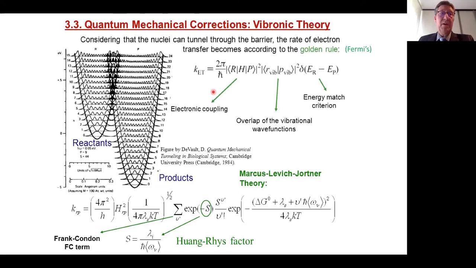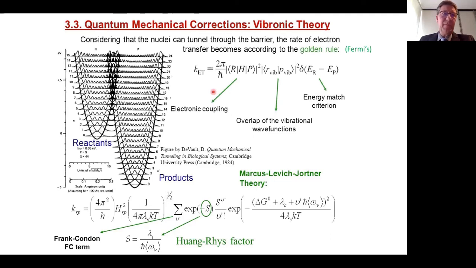So Fermi's golden rule tells us that the rate is the product of an electronic part, the overlap of electronic wave functions, and a vibrational part, the overlap of vibrational wave functions. This last part is more important in the Marcus inverted region.